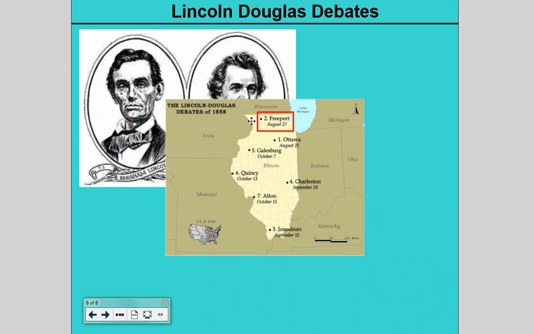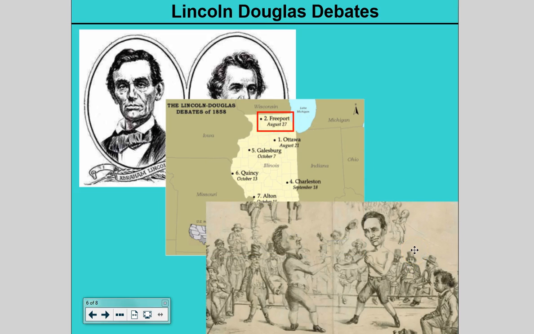So Douglas didn't see this as a big issue, but Southern Democrats did. When Southern Democrats heard about his statement at Freeport, which became known as the Freeport Doctrine, they felt that Douglas didn't go far enough to support the implications of the Dred Scott case. So this series of debates was well known. It was well publicized.